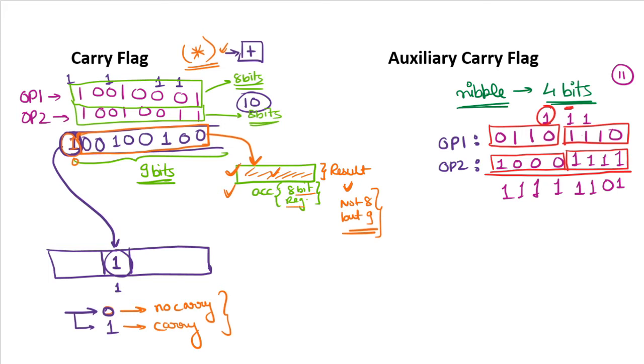So when we get one carry from the third bit, fourth bit to fifth bit, in that case, we say auxiliary carry flag is set.